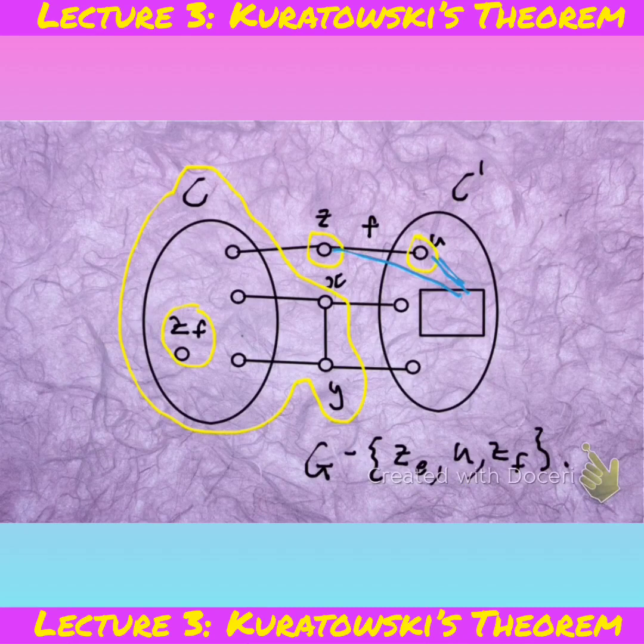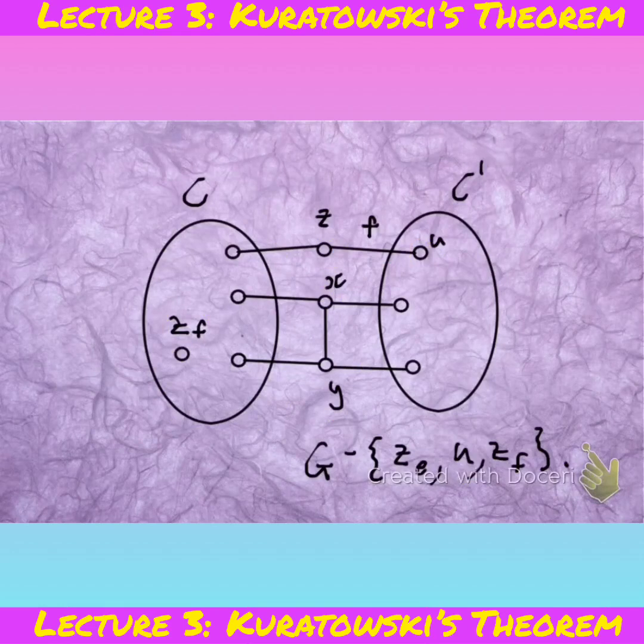Now if you delete Z_E from the graph, G is going to become disconnected, and that's going to contradict the fact that the graph is 3-connected. So what we see from here is that Z_F can't really lie in C. It can either be Y or X, or it could lie in C prime.